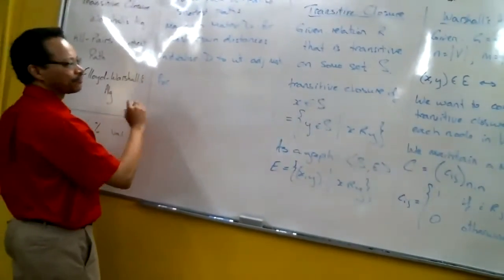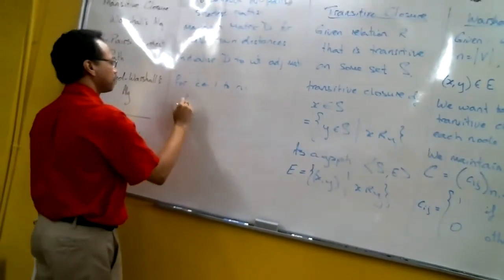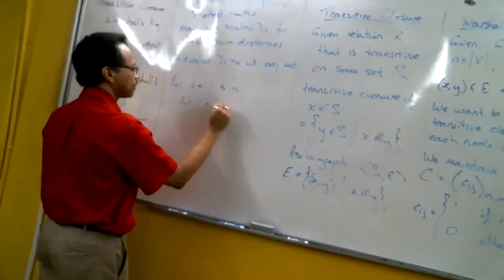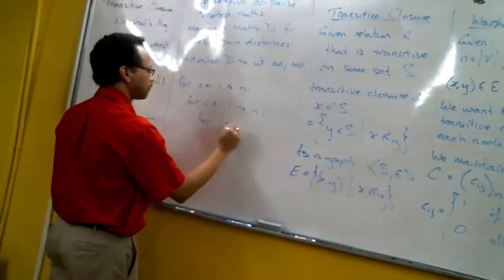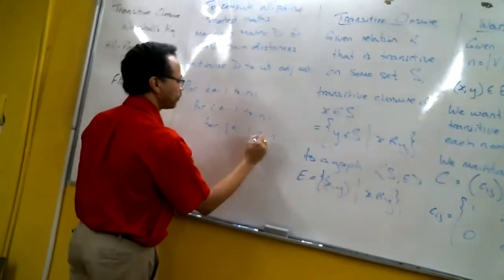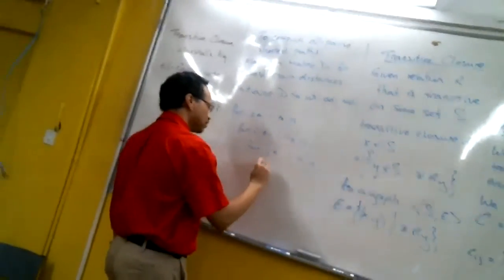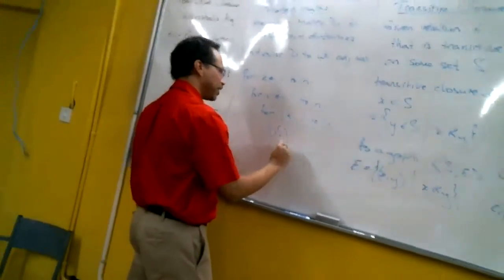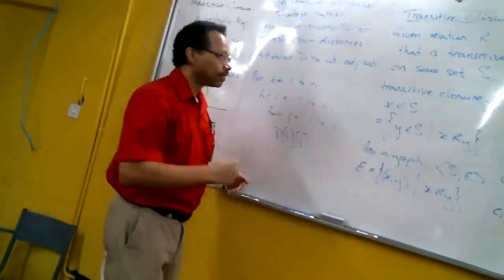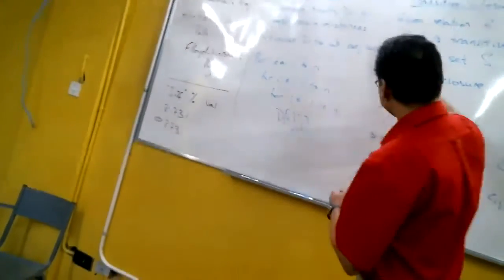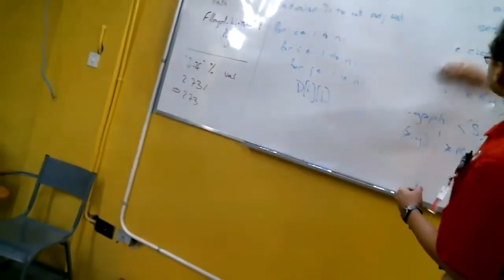And we do the following. For K goes from 1 to N, for I goes from 1 to n, for j goes from 1 to n. Of course, if you're in Python, you go from 0. And you update D as follows. The distance from I to j, which is what D stands for, is going to be the shortest distance, right?